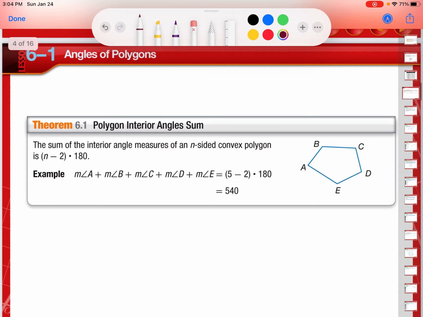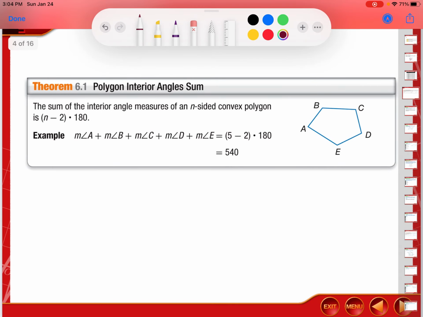All right, continuing on. So polygon interior angle sum. The sum of the interior angle measures of an n-sided convex polygon is n minus 2 times 180. So big picture, write this formula in your notes.